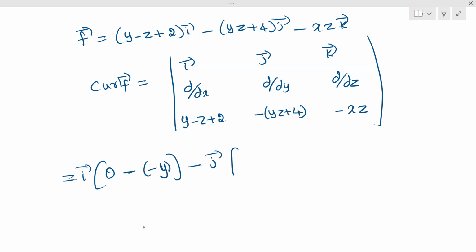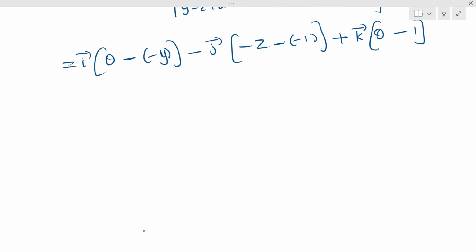Minus j vector into dou by dou x of minus xz, which is minus z, minus dou by dou z of (y minus z plus 2), that is minus 1. Plus k vector into dou by dou x of minus (yz plus 4), which is 0, minus dou by dou y of (y minus z plus 2), which is 1.